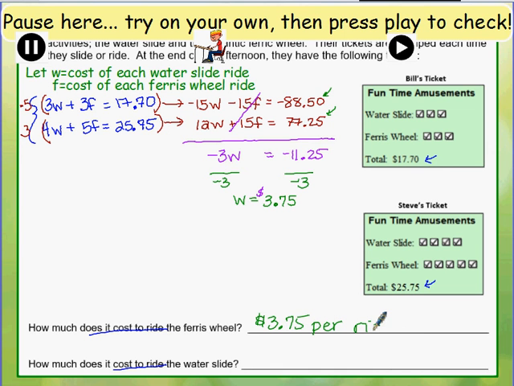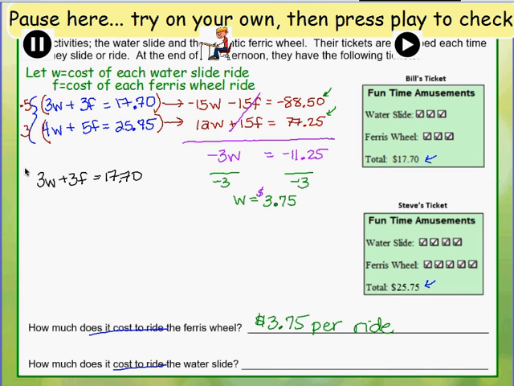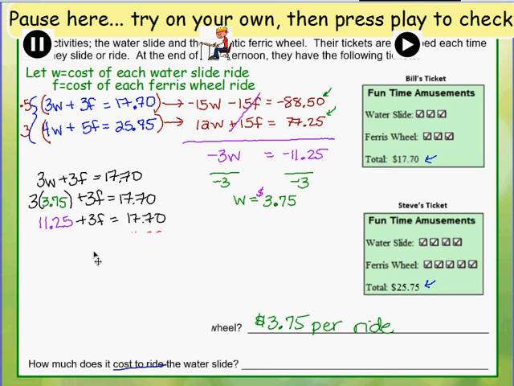And we have to go back to one of our originals and substitute to find the cost of the water slide. We can use that top equation, 3W plus 3F equals 17.70. Okay, so if we substitute 3.75 into F and then multiply, we end up with $11.25.